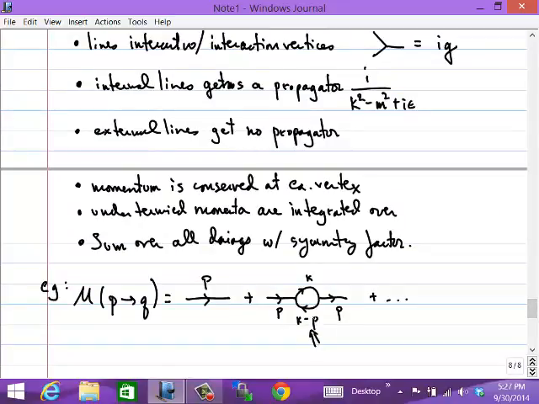The rule is that I've drawn a little arrow to keep track of which direction the momentum is going. And you can see that the momentum k is going around like this. So that's a positive k. But this p here is going the opposite direction here, which tells me that I have a minus p.